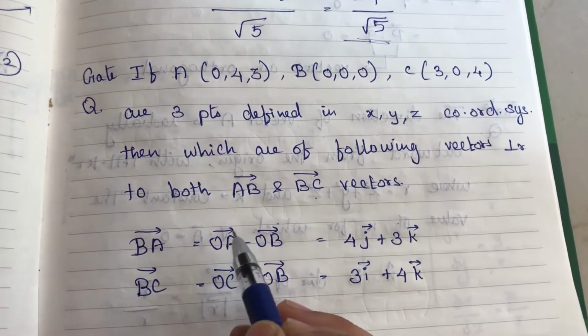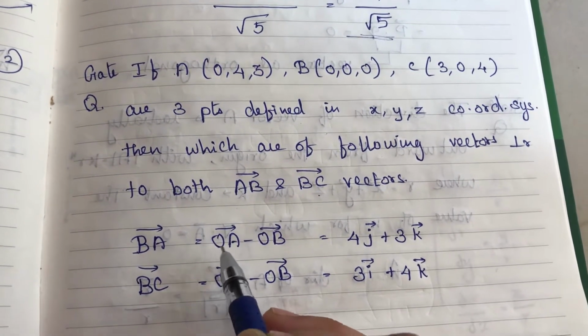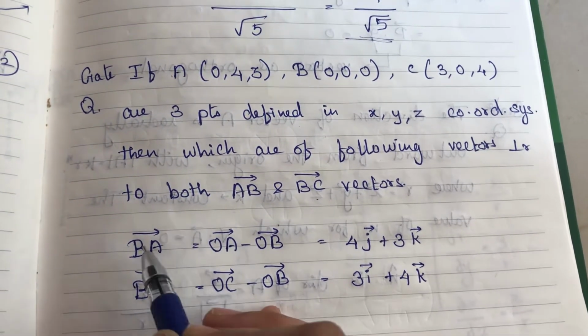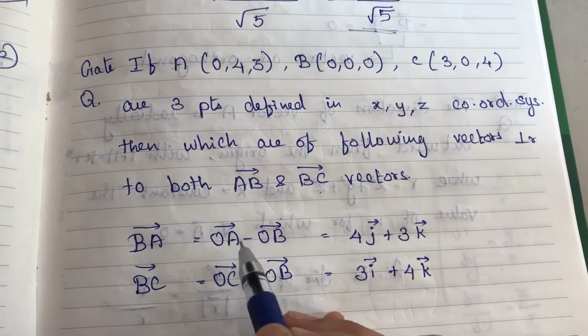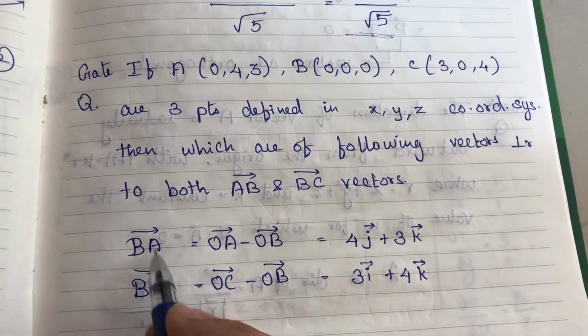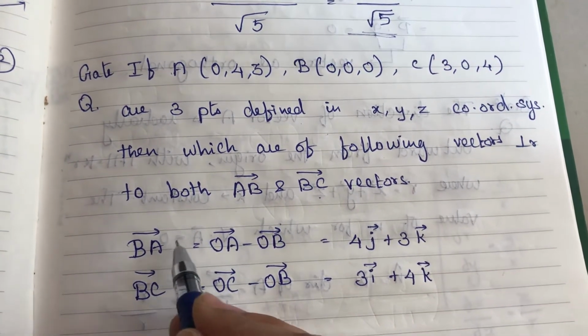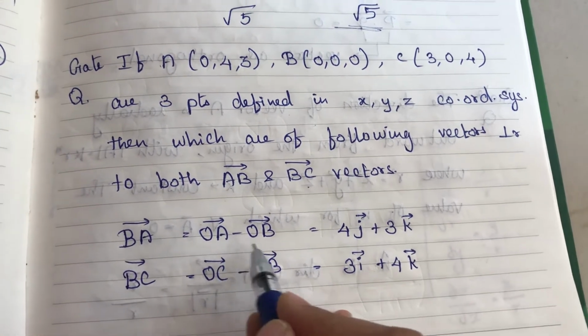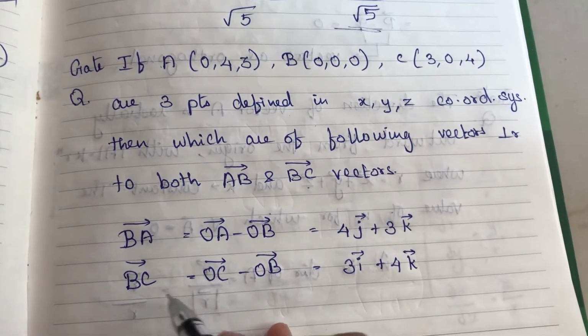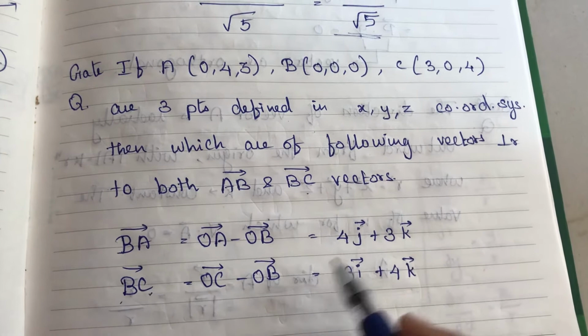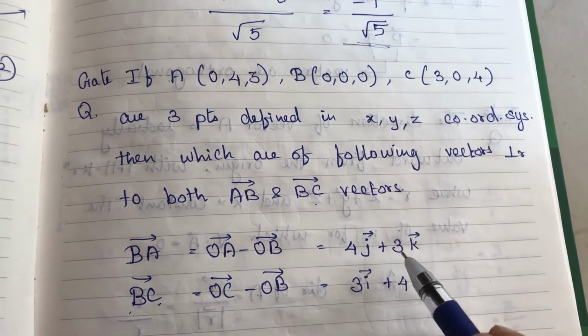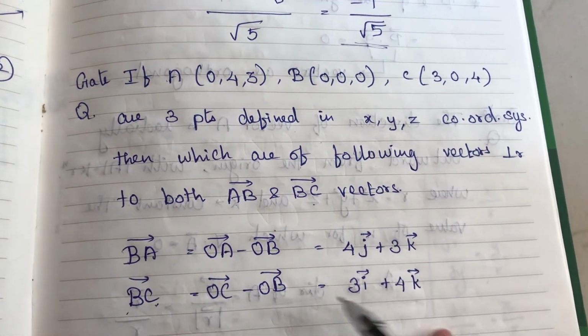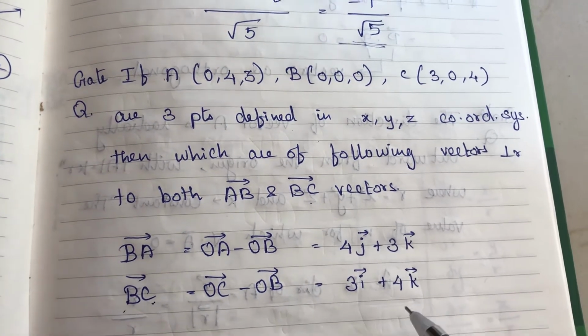So O means O is at the origin, right? So we can write this vector as BA vector, which is equal to OA vector, first with A and then with B, OA minus OB. Likewise here, OC minus OB, which is equal to, I need to create the vectors, right?